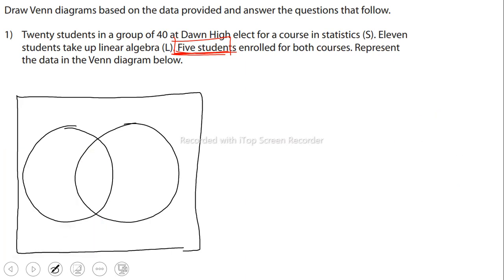So capital S is going to be used for statistics. For linear algebra, what letter are we going to use? L. Very good. And for our universal set, what letter are we going to use? U. U equals 40.